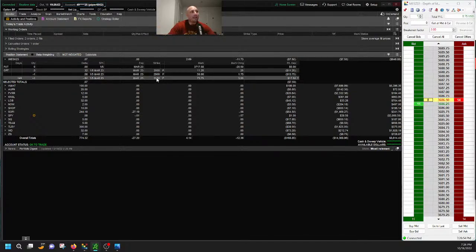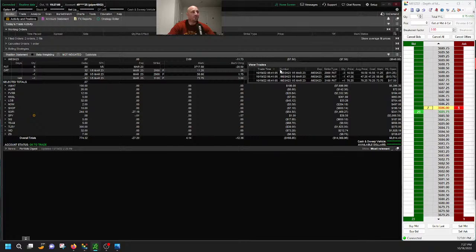I bought a 3129 put spread. This is essentially what the trade was, the 2900 or 3100 put spread, so it's a 200 point put spread. I paid, I think it was like 24 bucks.